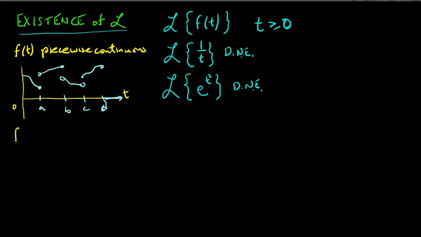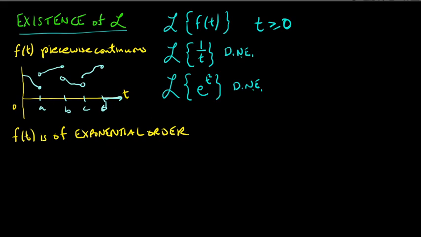And it also has to be of exponential order. So what do I mean by exponential order? Basically, it just means that the function f grows exponentially, but no bigger than exponential.